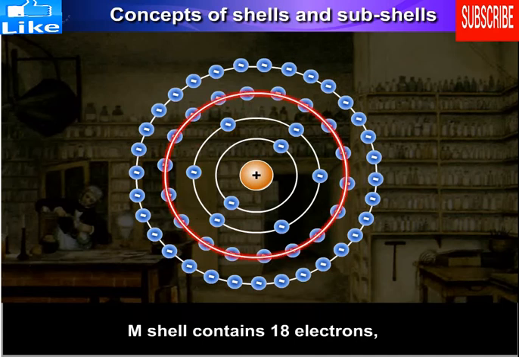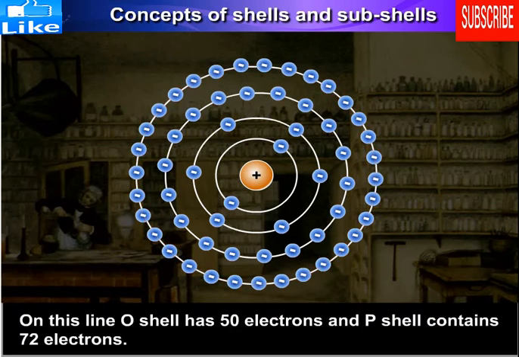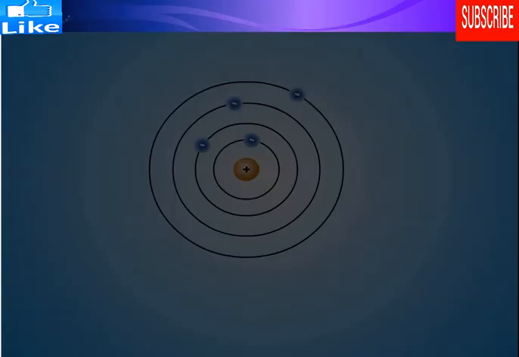The M shell contains 18 electrons. The N shell has 32 electrons. On this line, the O shell has 50 electrons, and the P shell contains 72 electrons.